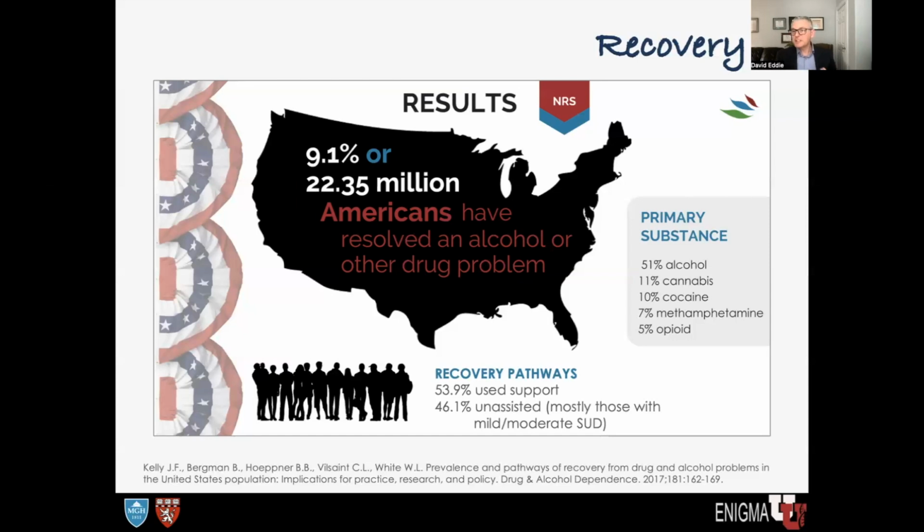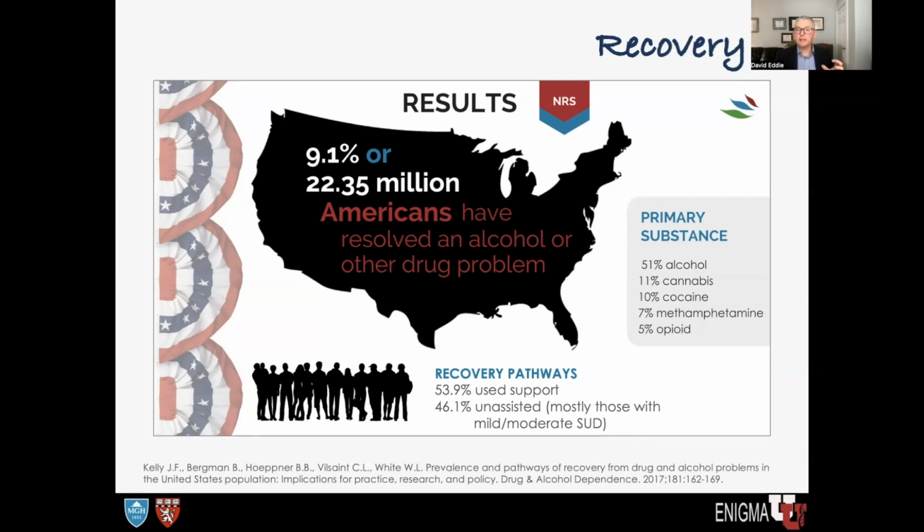So that's a pretty big chunk of the United States population. And on top of that, maybe 10%, maybe even a little more of the United States population has a current substance use disorder for alcohol or other drugs. Now we're at about 20% of the population.